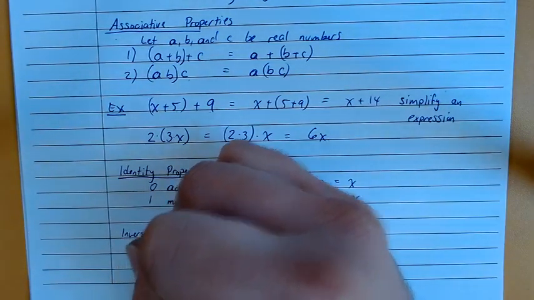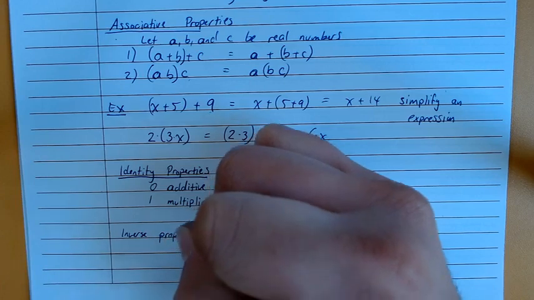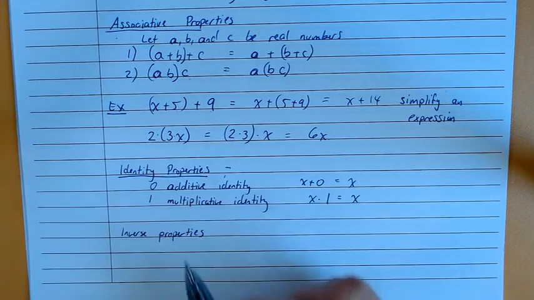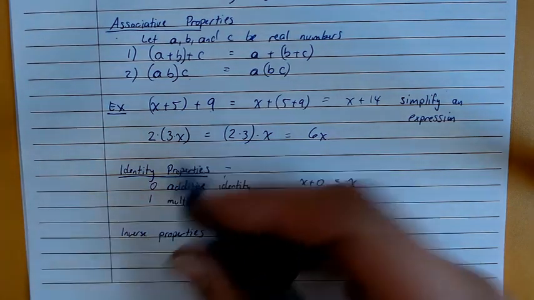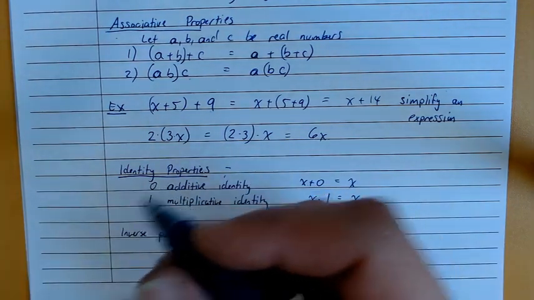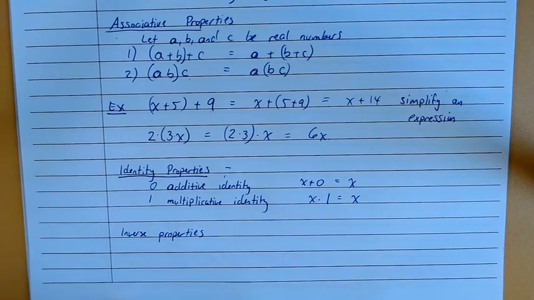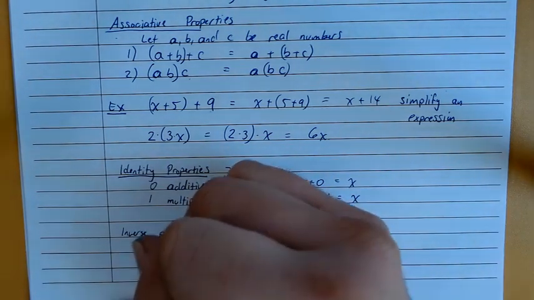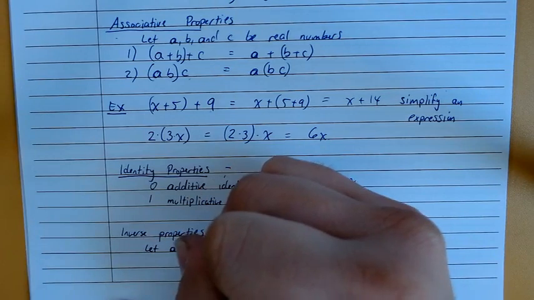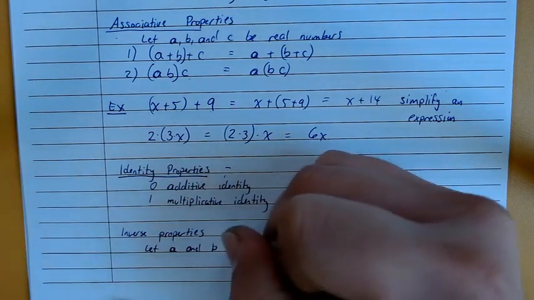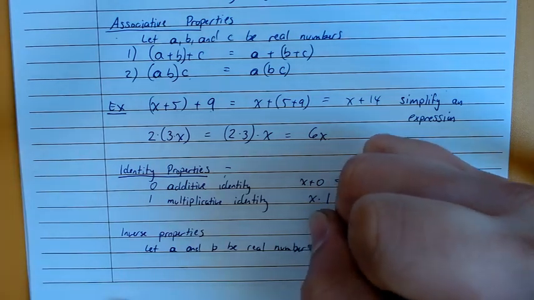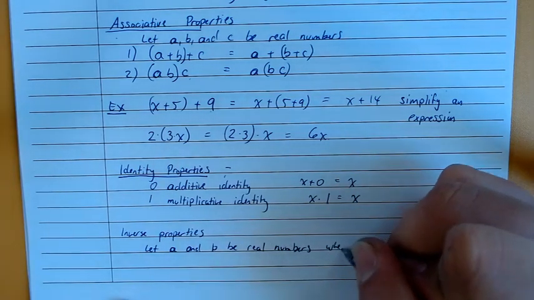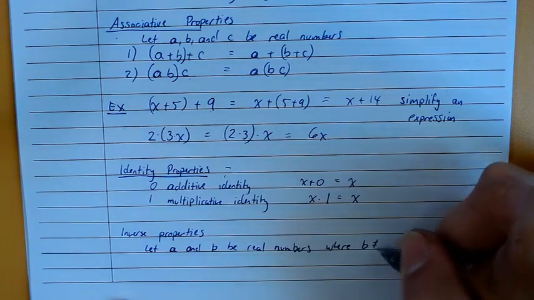The inverse properties tell you that if you have any 2 real numbers, let A and B be real numbers where B is not equal to 0.